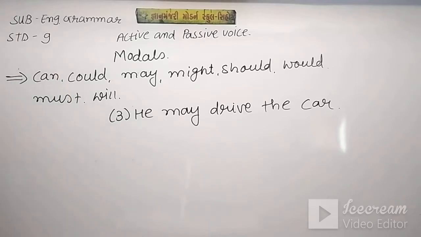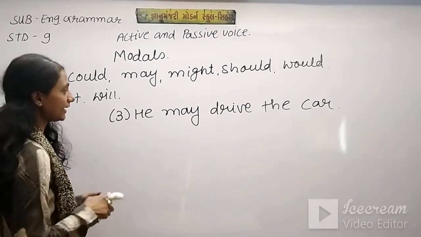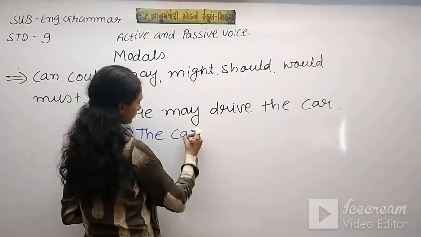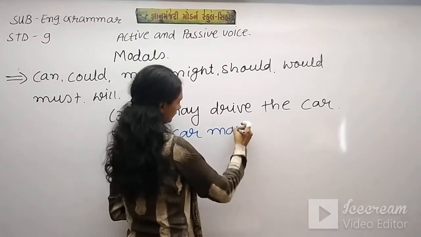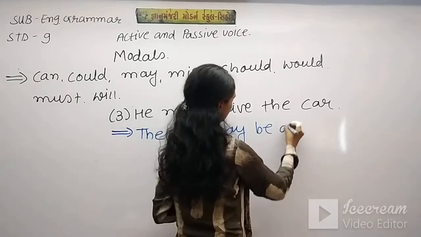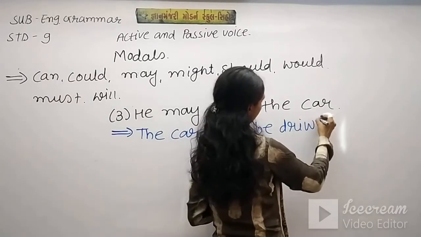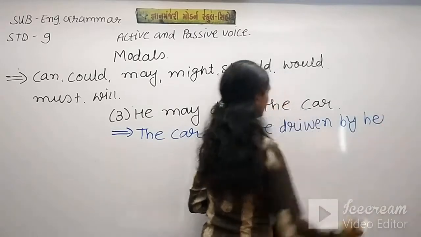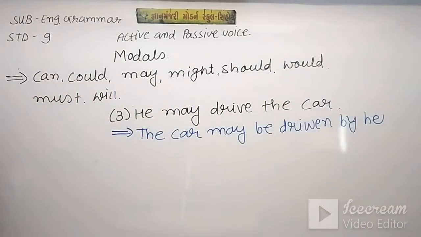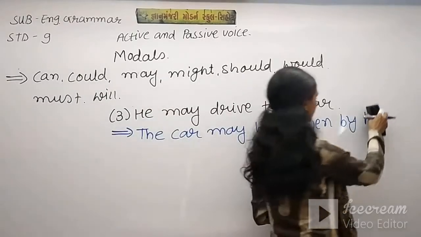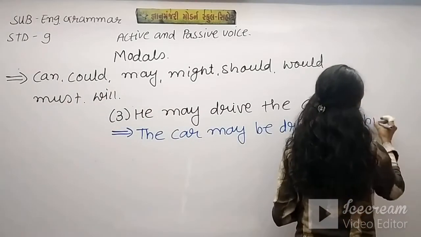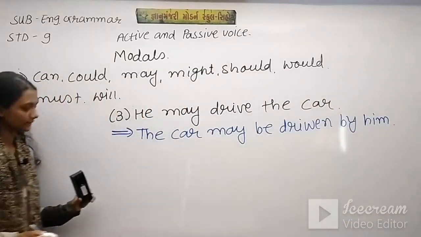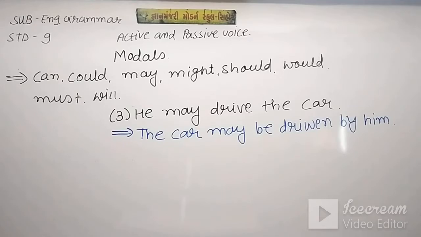We'll turn this sentence into passive voice. So the car will come first. The car may be driven by him. Okay, this way we can use may. The car may be driven by him.